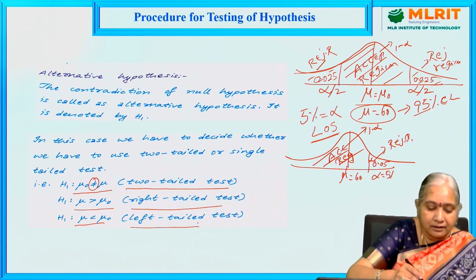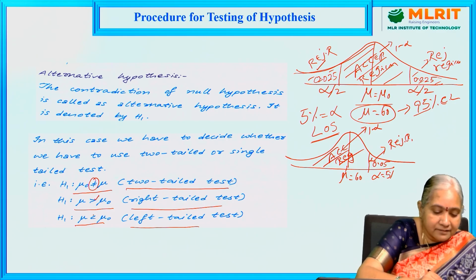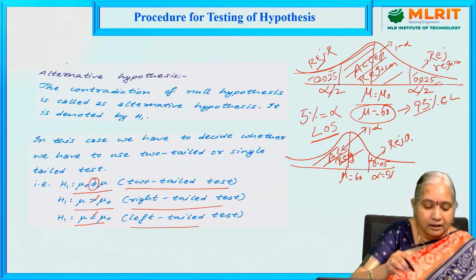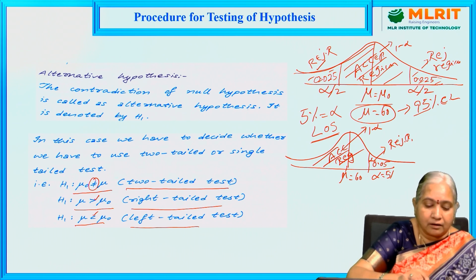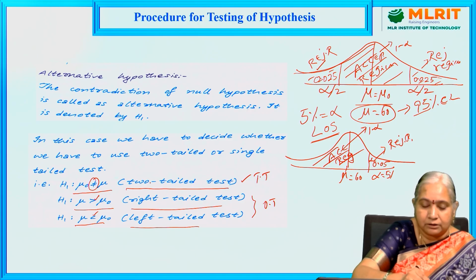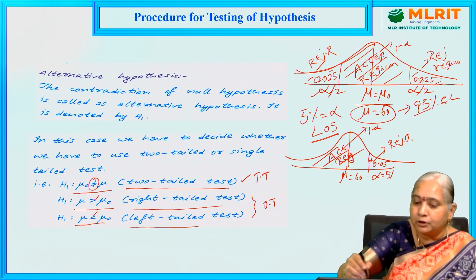That means greater than and less than are called one-tail tests. That means the error is denoted on either side of the mean, not on both sides. Then that type of test is called a one-tail test. And this is a two-tail test, since the total error is divided into two equal parts.